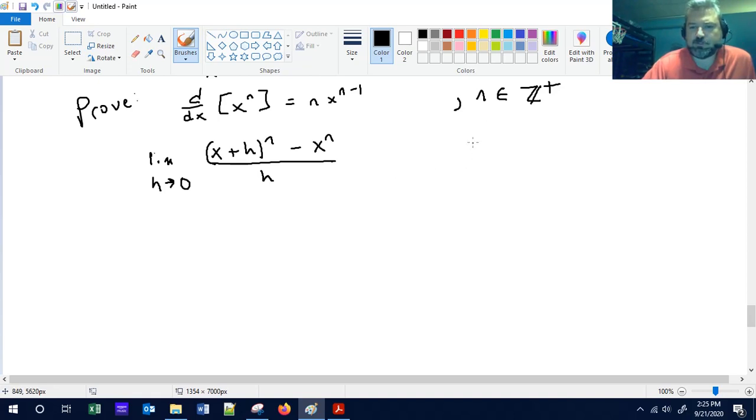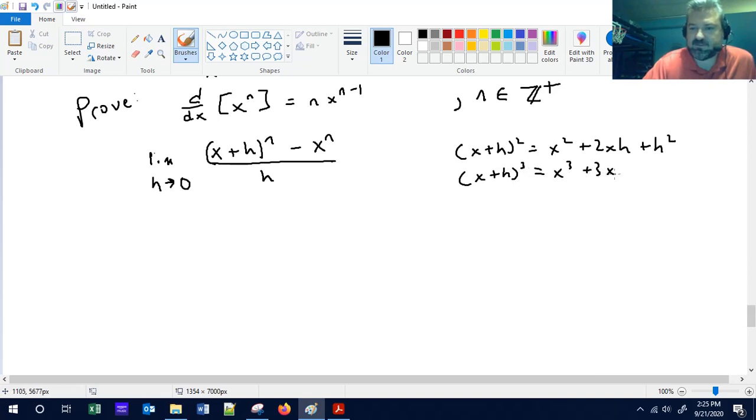If you were to expand, say, x plus h squared, you would get x squared plus 2xh plus h squared. If you were to expand x plus h cubed, you get x cubed plus 3x squared h plus 3xh squared plus h cubed.